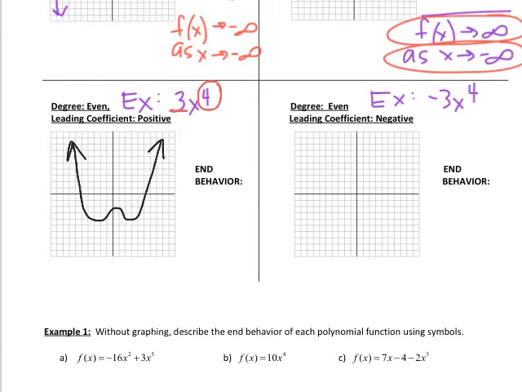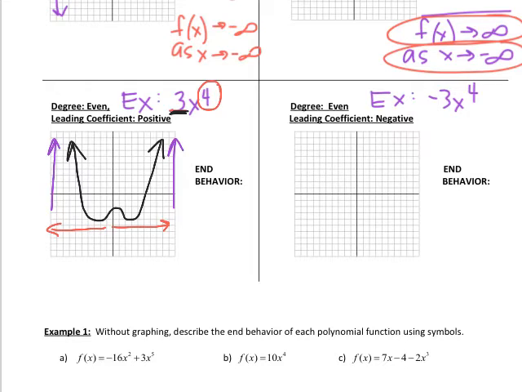It kind of looks like the letter W. And in this case, because this is a positive value, notice that the arrows on the ends here are going toward infinity. And that's because, of course, the leading coefficient is positive. It's not negative. So when our x value gets bigger, what happens to the actual function or the graph? And when x gets smaller, closer to negative infinity, what happens to our graph then?